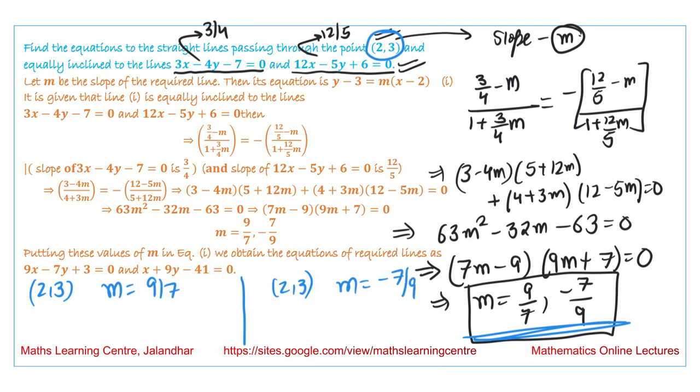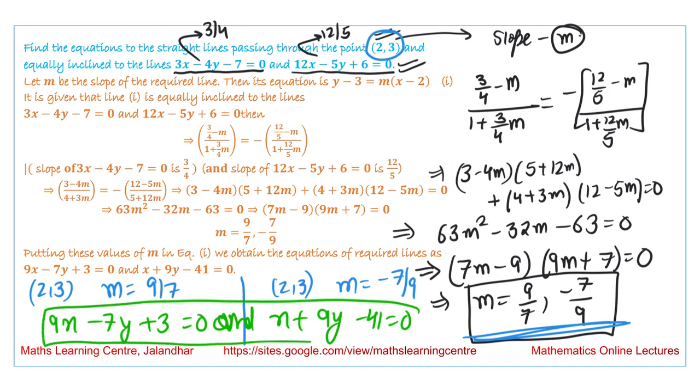The two equations corresponding to it are 9x minus 7y plus 3 is equal to 0 and x plus 9y minus 41 is equal to 0. We can use the point slope form here to calculate these two equations. So these are the two lines which are passing through the point 2 comma 3 and they are equally inclined to both these lines.